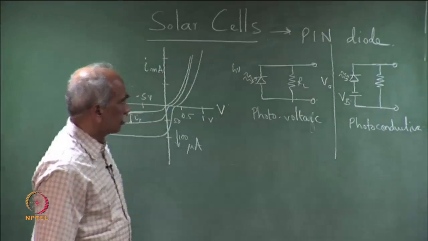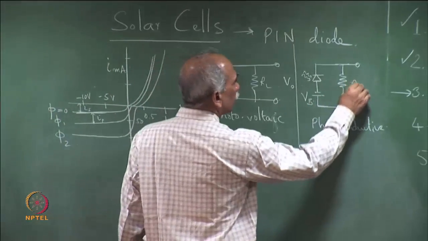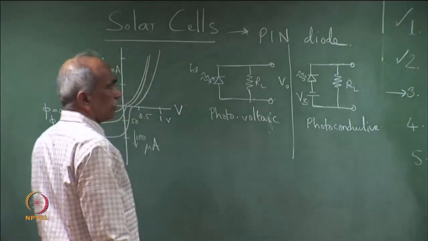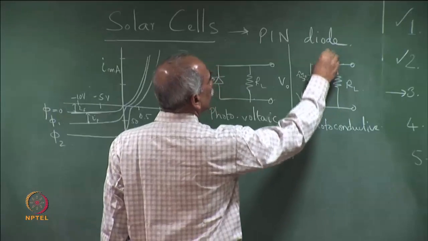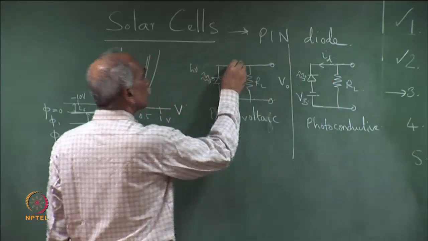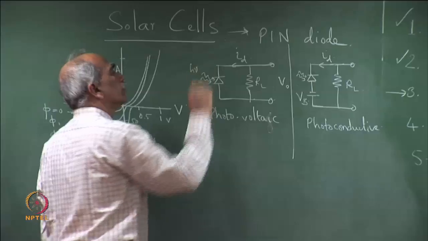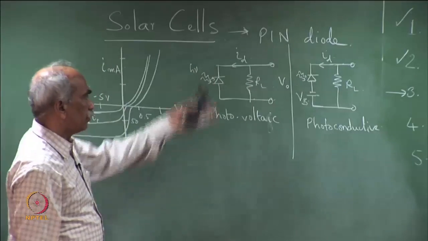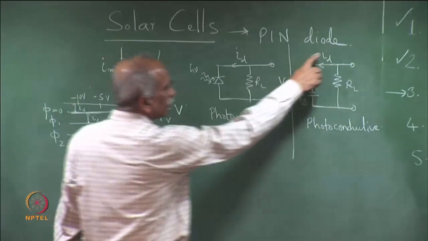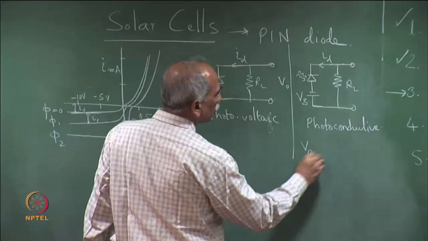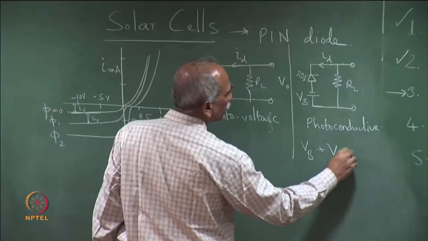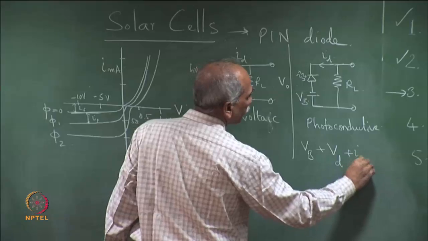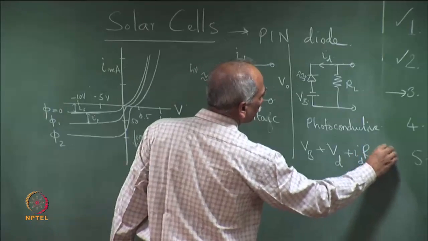If this is R_L and the reverse current through it is I_D, then we write V_B plus the voltage across the diode V_D plus I_D into R_L is equal to 0.